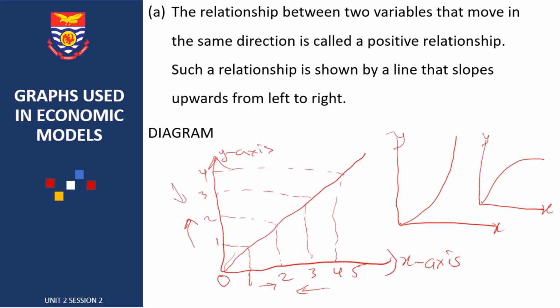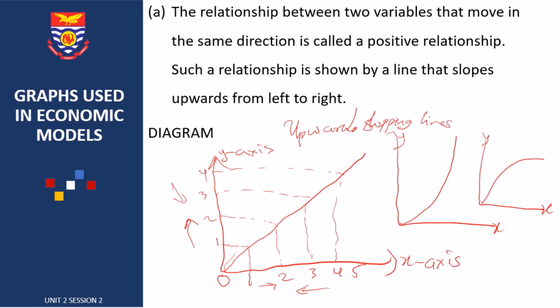As x increases, y increases; as x decreases, y decreases. These graphs are normally called upward sloping. We also have the downward sloping, where they move in opposite directions. Now this is upward sloping lines.